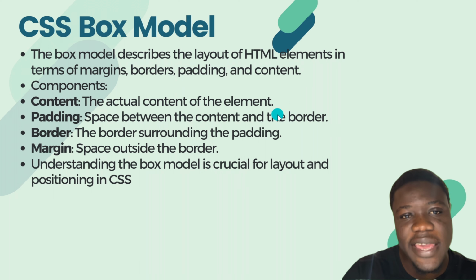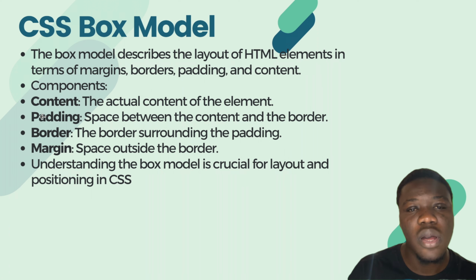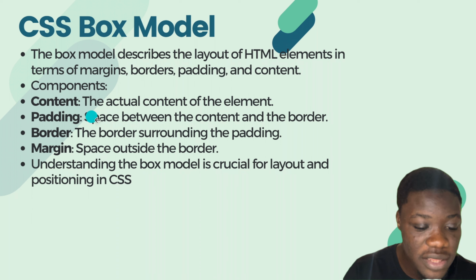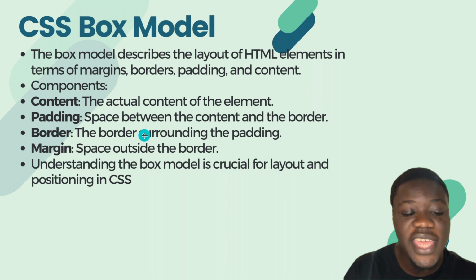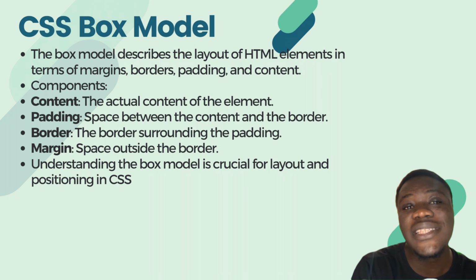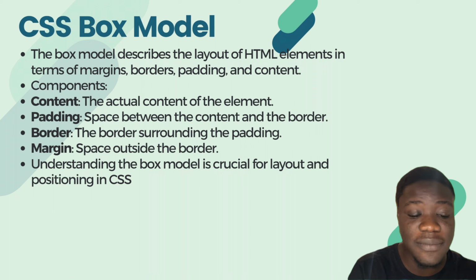So the content inside it is the content, while the padding is what we use when we want the gap, the space between content and the border. So shi ake ce ma padding, the space between content and the border.